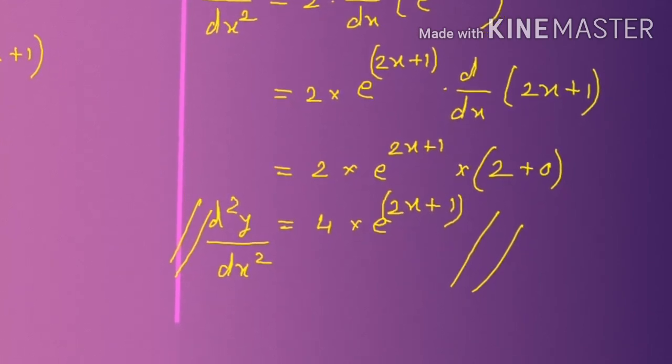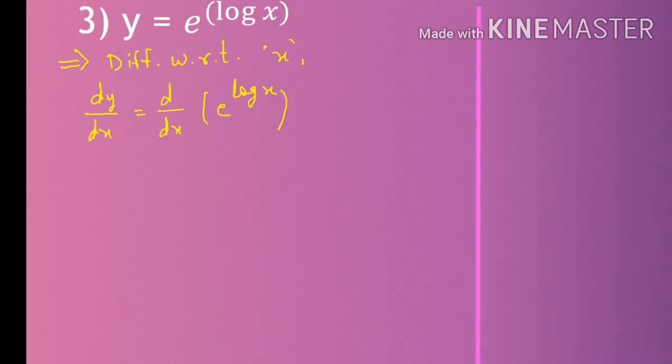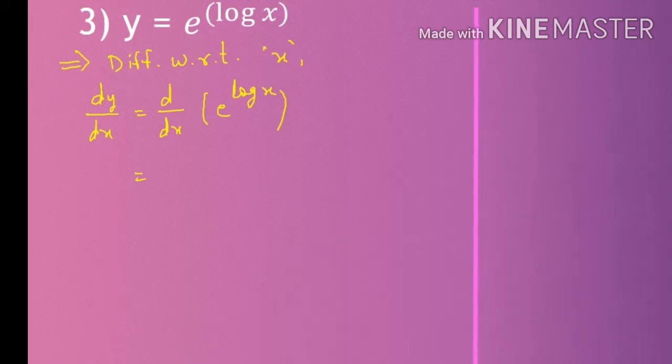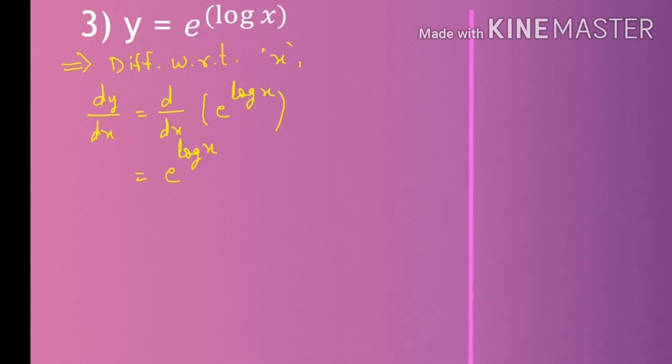Right? Let's move to the next sum. This is also a composite function. So let us write, differentiating with respect to x. Now you know the derivative of e raised to x is the same, e raised to x. So here also the derivative of e raised to log x will be e raised to log x. But because it is a composite function, we'll have to differentiate log x.